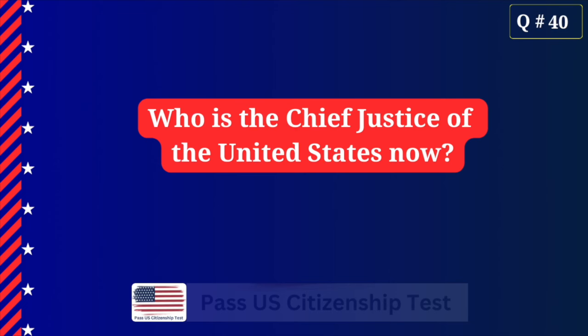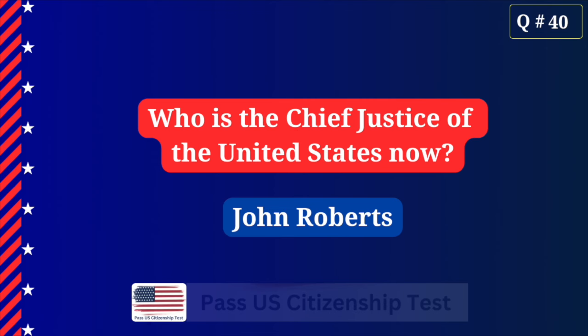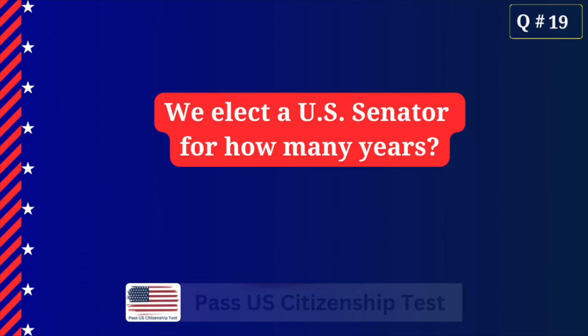Who is the Chief Justice of the United States now? John Roberts. We elect a U.S. Senator for how many years? Six.